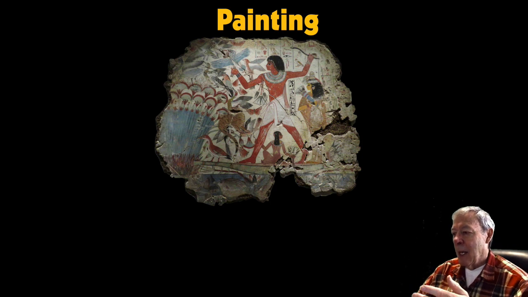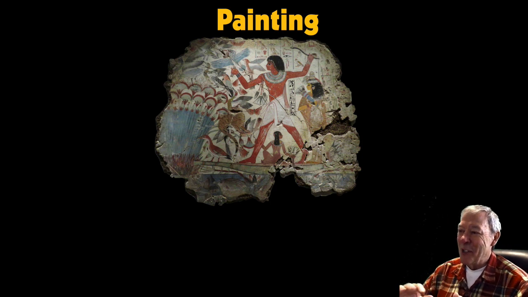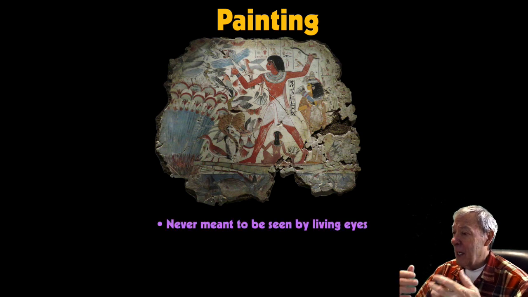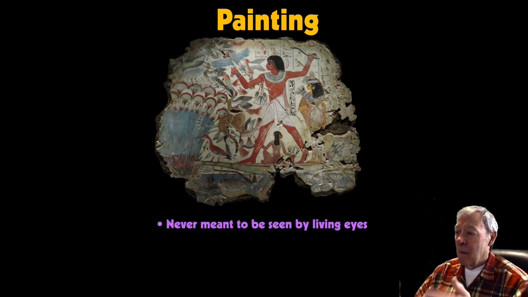Keep in mind that this artwork, strangely enough, was never meant to be seen by any living eye. Virtually all of this, at least the paintings that we look at, was done in the tombs that were built for the pharaohs.